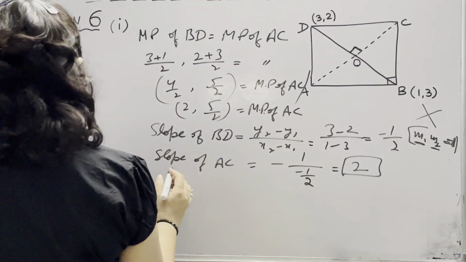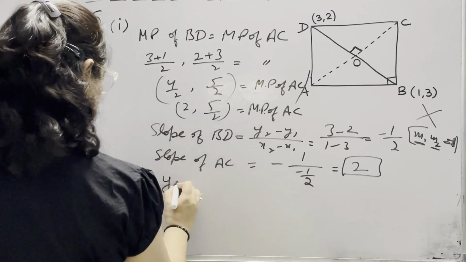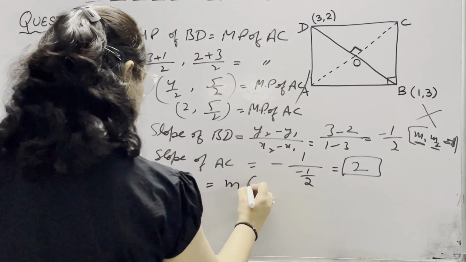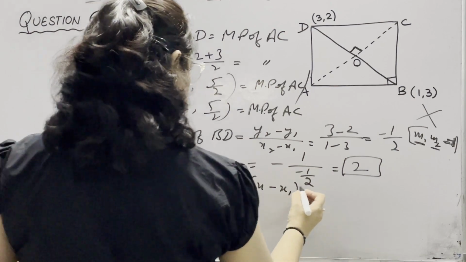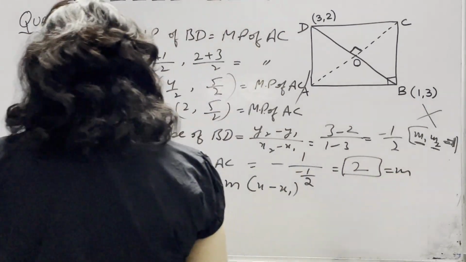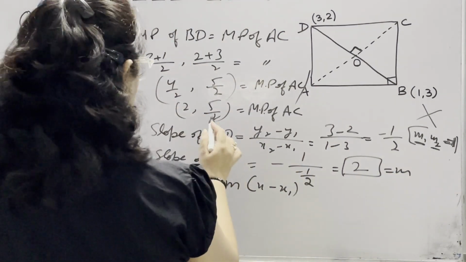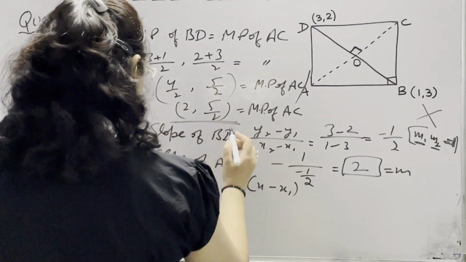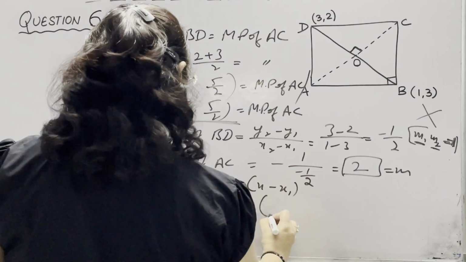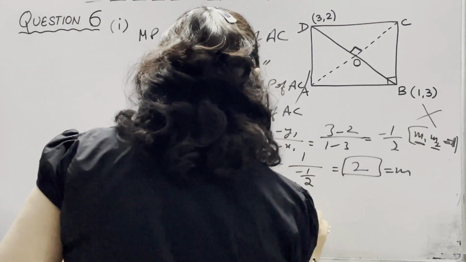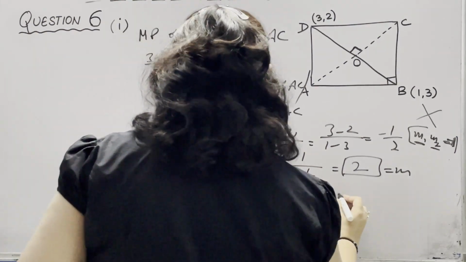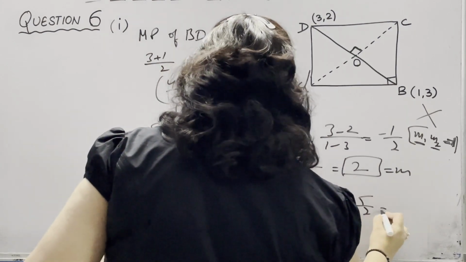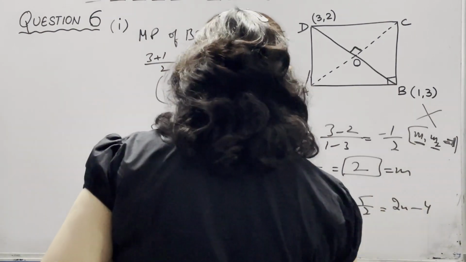Now we need to use the slope-point form of the equation. So this is y minus y1 is equal to m times (x minus x1). This is the slope, y1 is 5 upon 2, x1 is 2, and m is 2. So y minus 5 upon 2 is equal to 2 times (x minus 2), that is 2x minus 4.